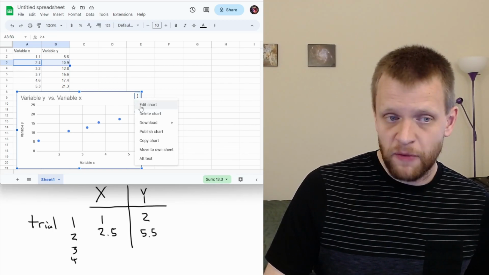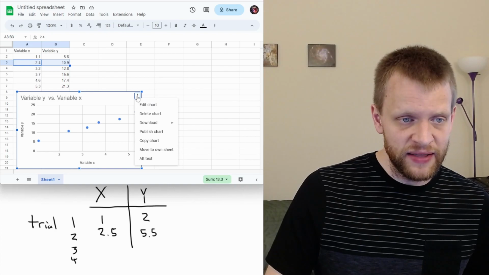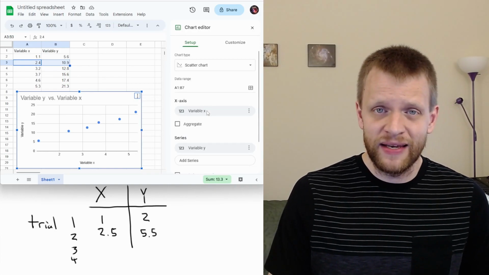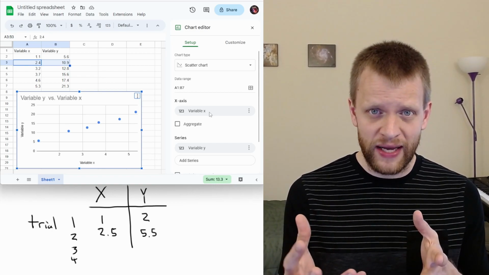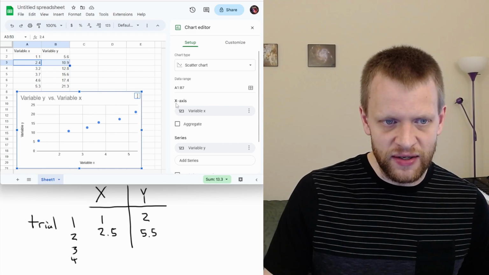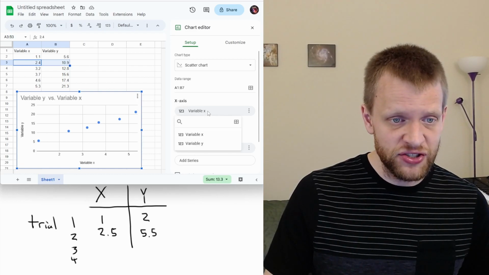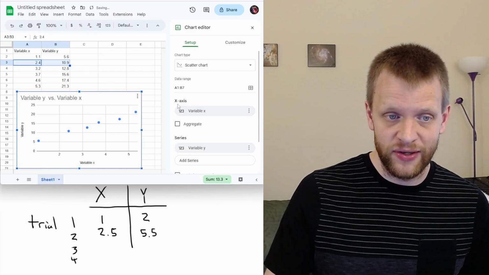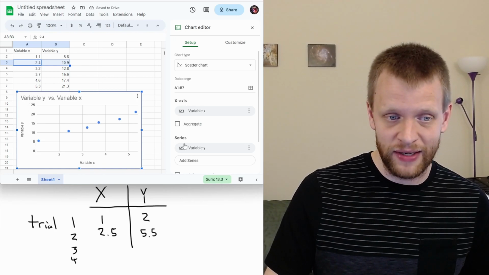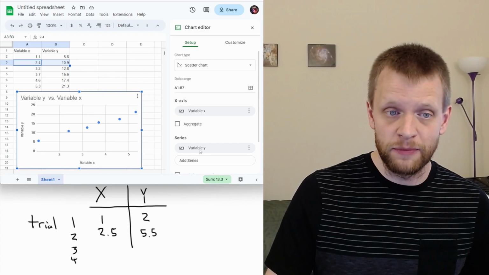Now, if you need to make modifications, you can hit these three dots up here and go to Edit Chart. If the computer had somehow made a mistake in what it's graphing, notice it has this label for what's on the x-axis. Well, we want variable x on that horizontal axis. For the series, what it calls the vertical axis, we want variable y.